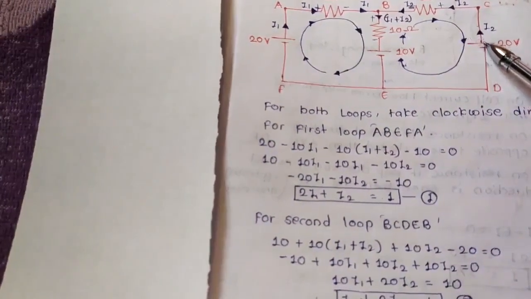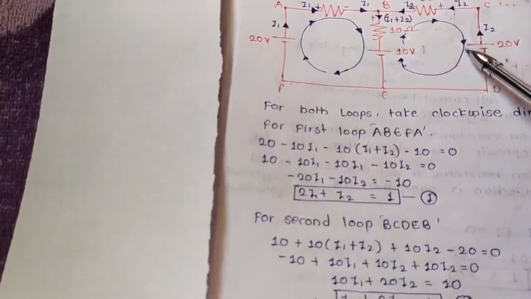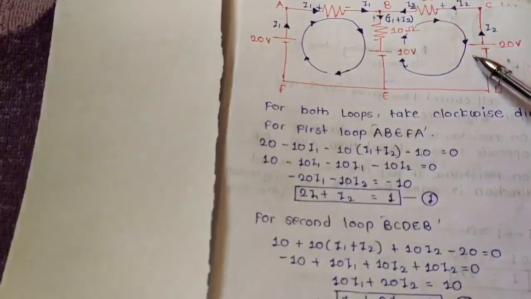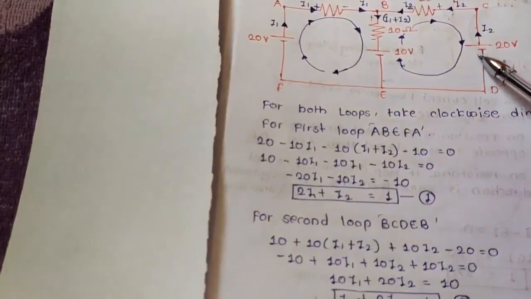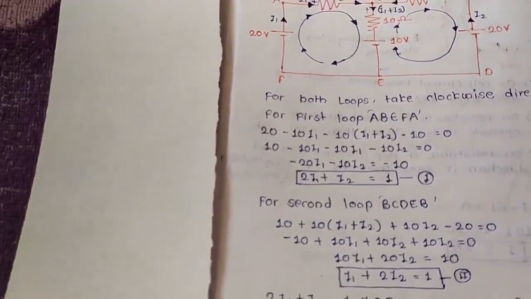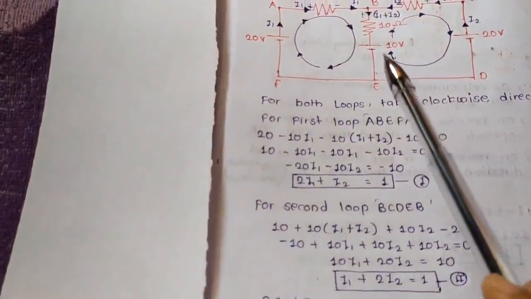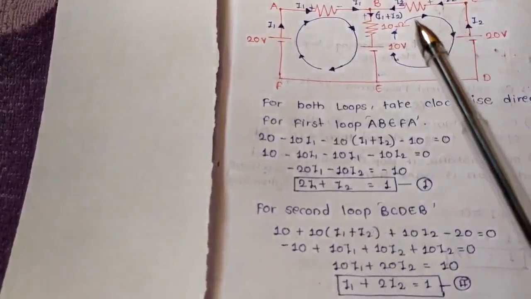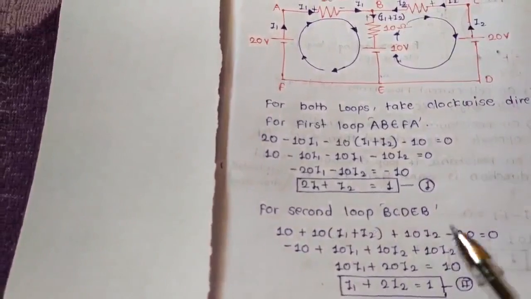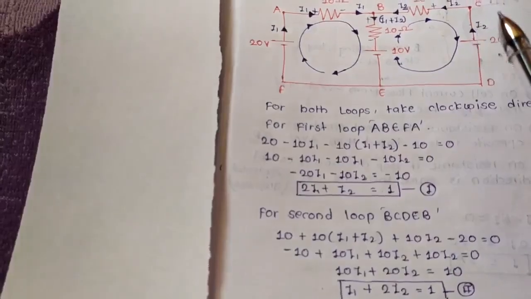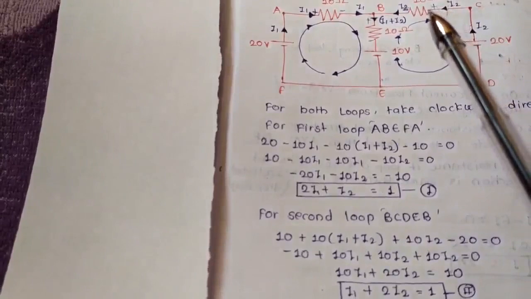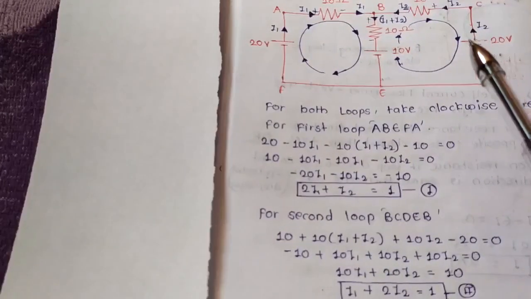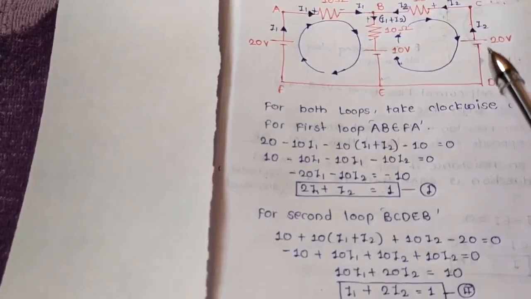Now see, loop direction clockwise means from plus to minus, hence take minus. See, 10 plus 10 into (I1 plus I2), because opposite direction, plus 10 into I2 opposite direction, minus 20 higher potential to lower potential.